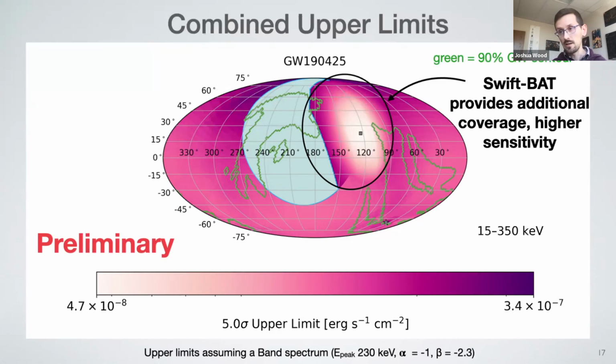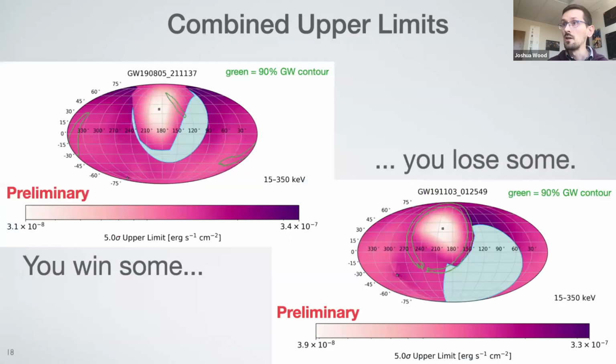But here we were a little bit unlucky in that it didn't really cover that missing part of the gravitational wave contour on the left side of that blue region, which happens. It just depends on the configuration of the satellites at the time when your gravitational wave event goes off. In other scenarios, sometimes you win some, where that additional coverage from Swift gives you the full view of the gravitational wave localization. And in other cases, you get really unlucky, and it seems like nature is working against you.